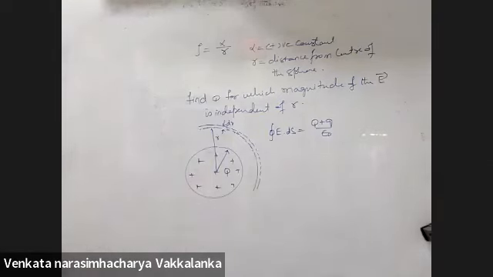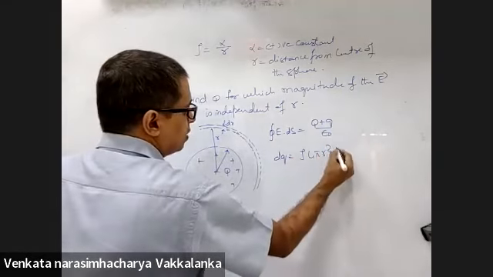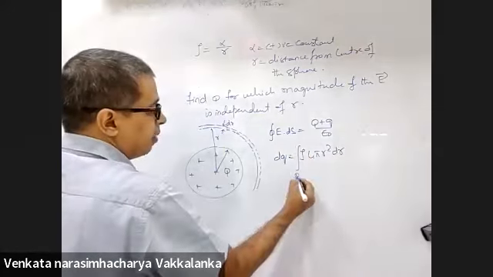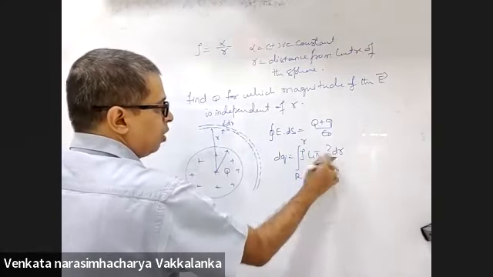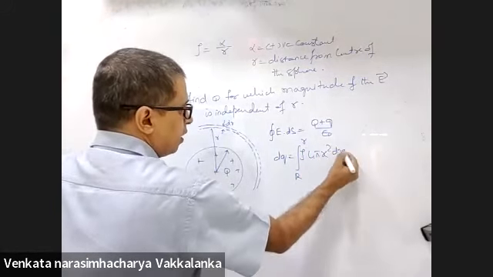I'll take dq is equal to density into 4 pi r square dr, from capital R to small r. Call this x square dx, at a distance of x of thickness dx. Don't keep using the same symbols. Till a distance of small r. Rho is how much?